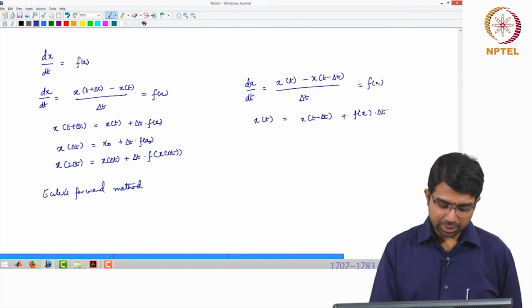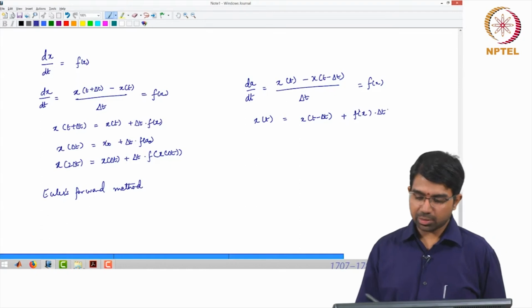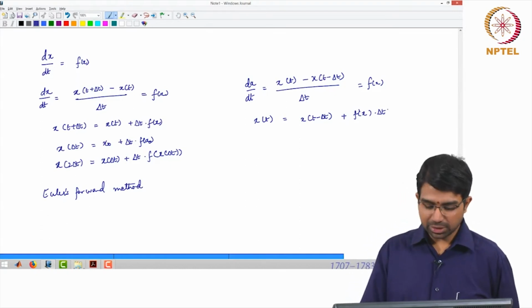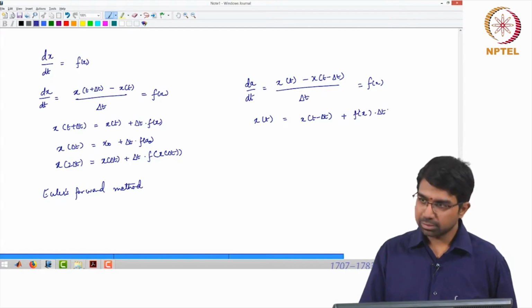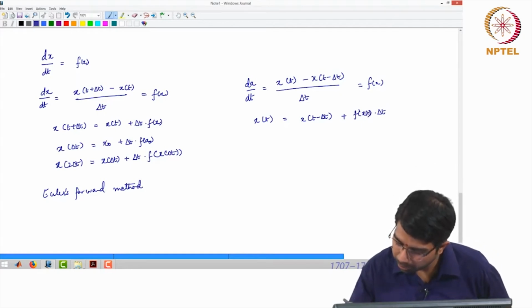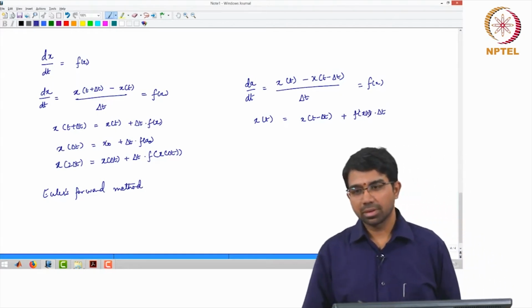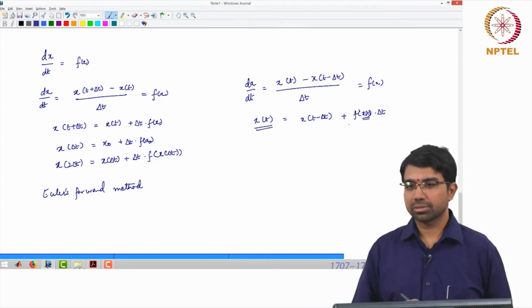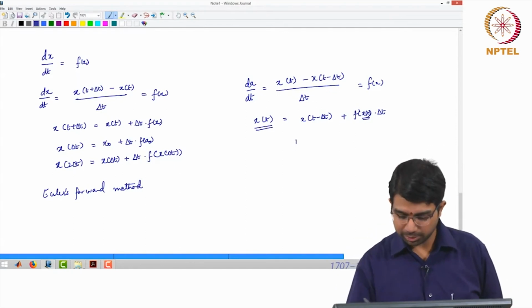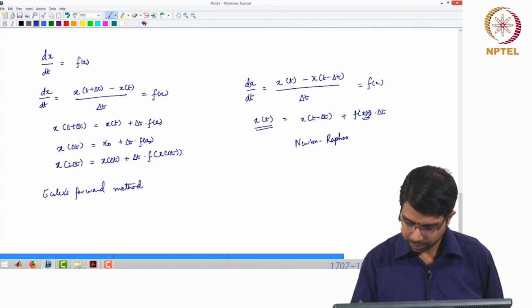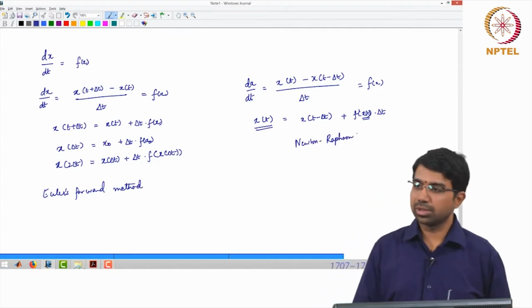You can write it in a very analogous equation, except that this now becomes an implicit equation. Why is it an implicit equation? We don't know x of t and there is f of x of t. Exactly, right. So, you have to now solve an equation in x of t. You have to iteratively solve it. Maybe you will use something like Newton-Raphson to solve this equation even.